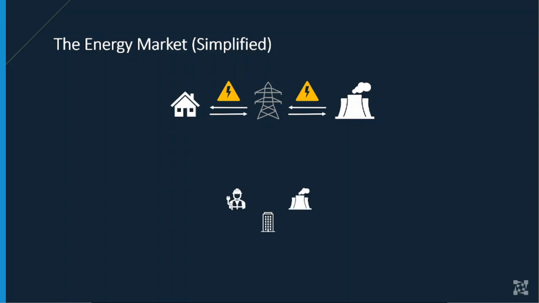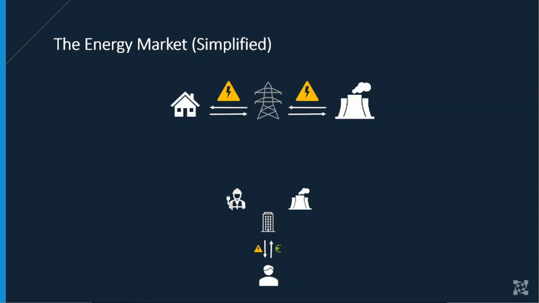Now, there are 3 parties, actually more, but 3 parties mainly involved in making sure that you get your power. That's the network operator on the left-hand side, and it's the energy supplier, the people that you have a contract with. You pay them money, they give you power. That's actually how it works.